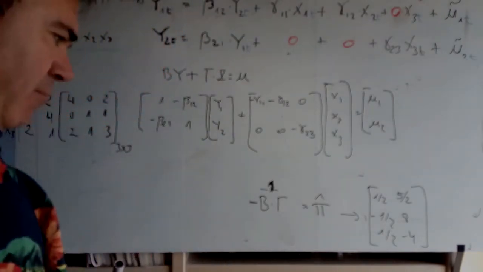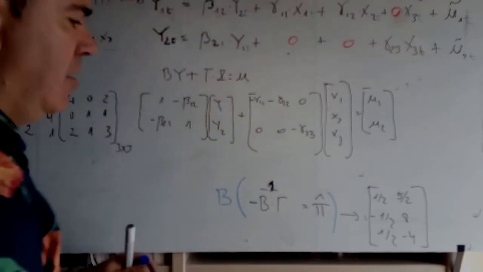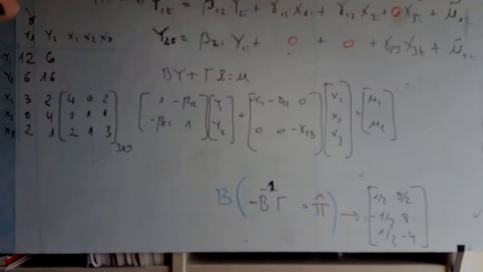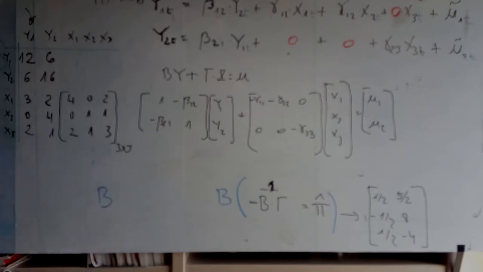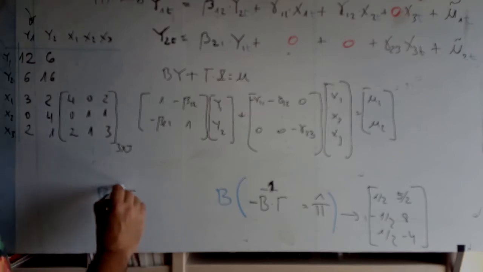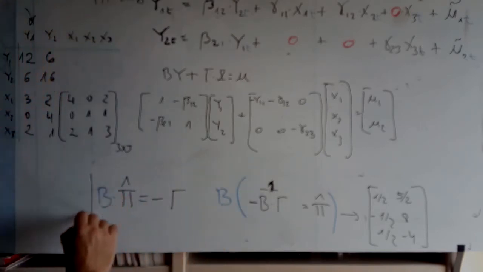If I multiply both sides of the equation by capital B, what I get is that capital B times capital P has to be equal to minus gamma.